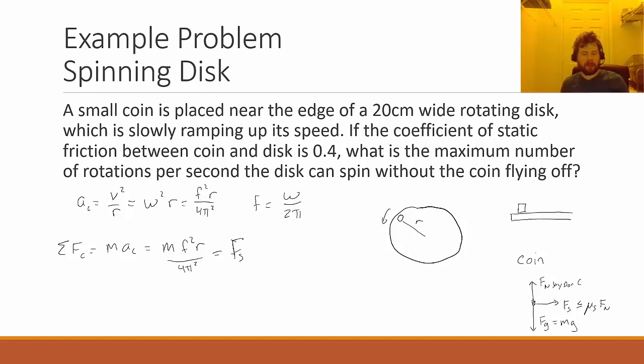And as the frequency goes up, the friction goes up until it reaches its maximum. So the maximum frequency is when we reach the maximum static force, which is equal to the coefficient of static friction times the normal force.